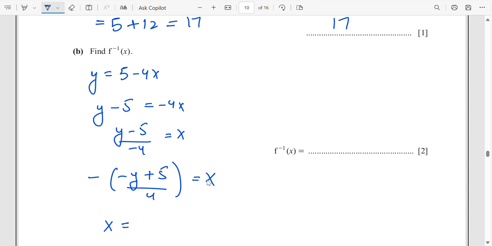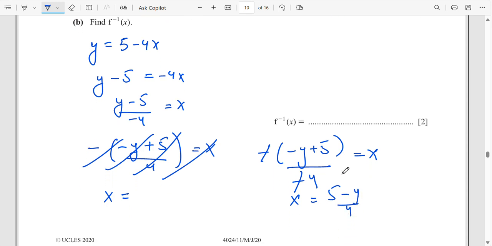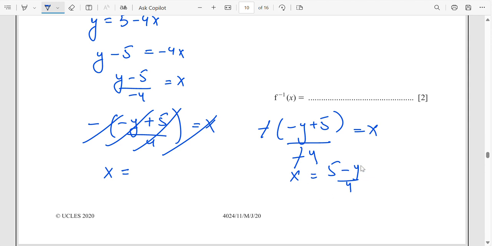Sorry, I made a mistake here. I'm going to take a negative common from the numerator, and then this will cancel out with this. So x is 5 minus y over 4. And now I'm going to replace the y with x and x with y. And this is my f inverse of x.